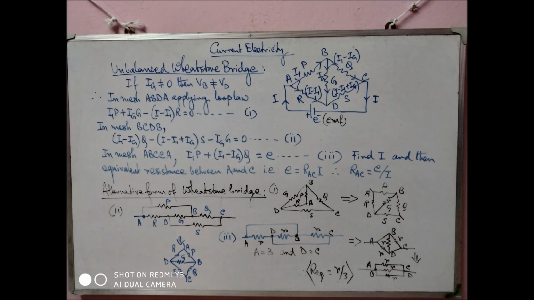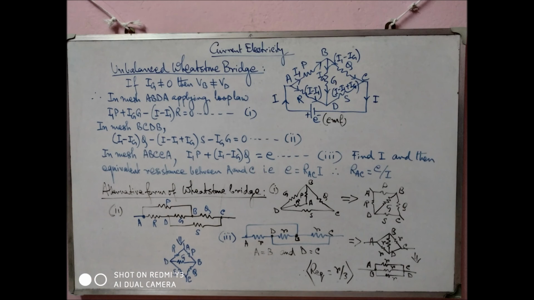That means P, R towards left of G and Q and S towards right of G, and those points are A and C. So it is nothing but a Wheatstone bridge.